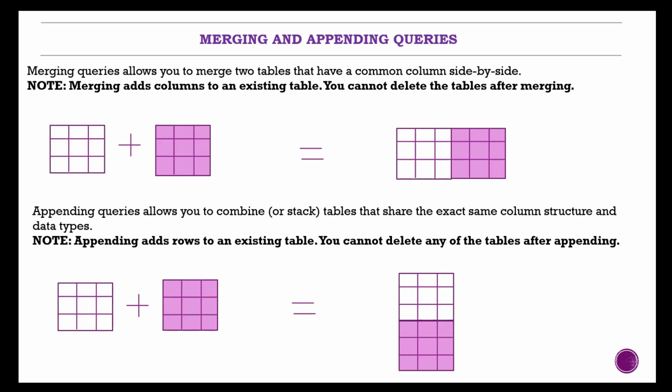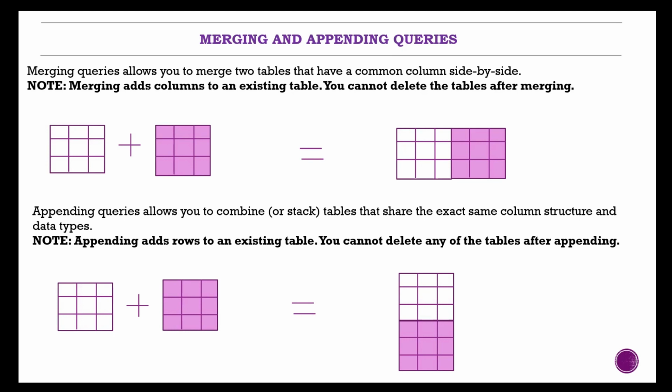Appending queries allows you to add rows into an existing table, but you cannot delete any of the tables that have already been appended. If you look at this diagram below, you would see 2 tables. When you append these 2 queries, they will be stacked on each other, while merged queries will be added side by side.